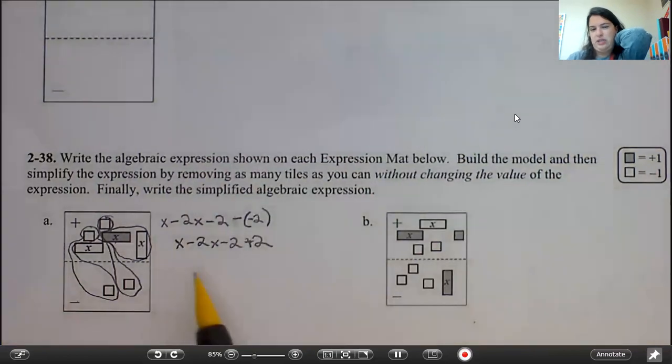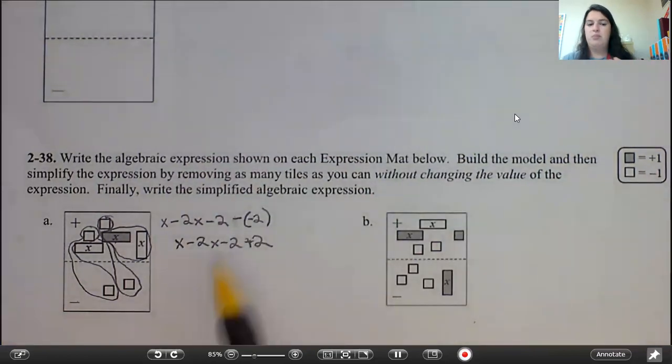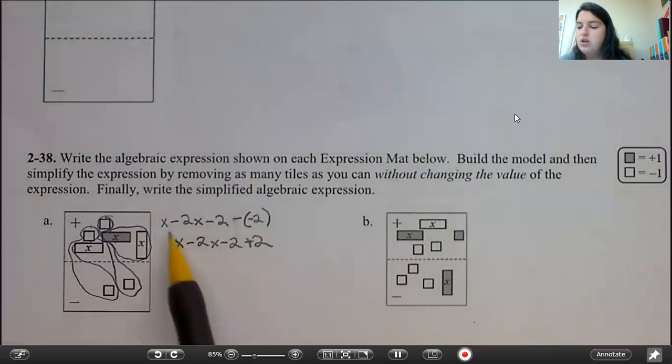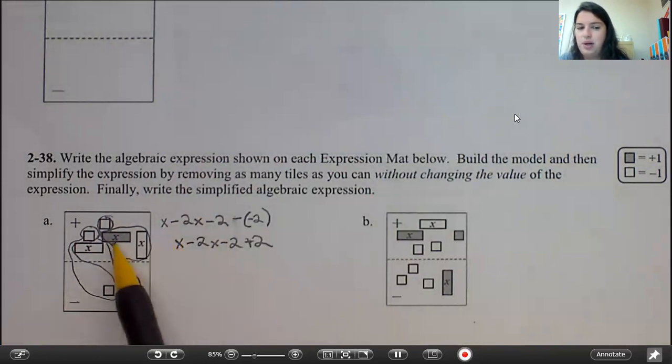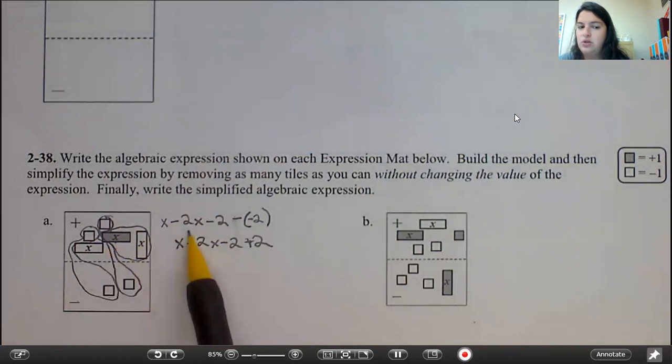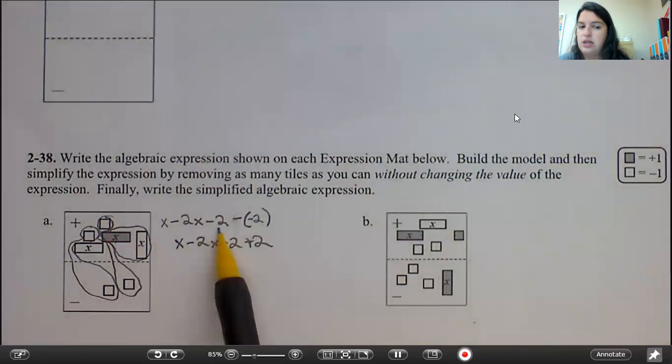Okay, let's go back through this again because I made it a little more confusing than I should have. So when we were rewriting this, we had 1 positive x tile, 2 negative x tiles in the positive region, 2 negative unit tiles in the positive region, and then we went down to our negative region. So that's why that negative is there on the outside of the parentheses.